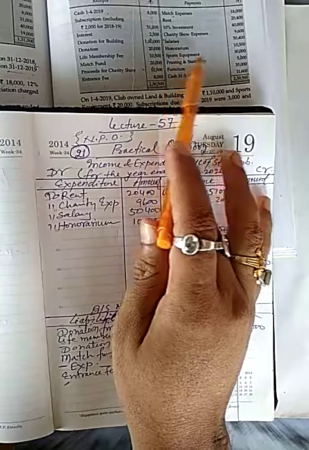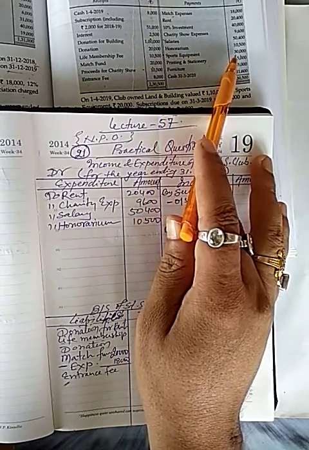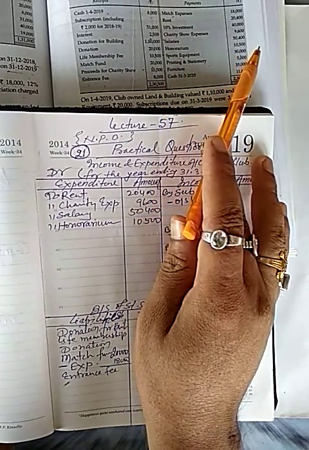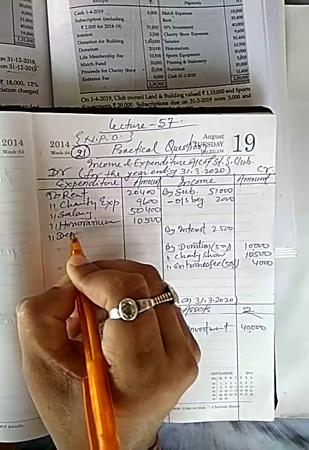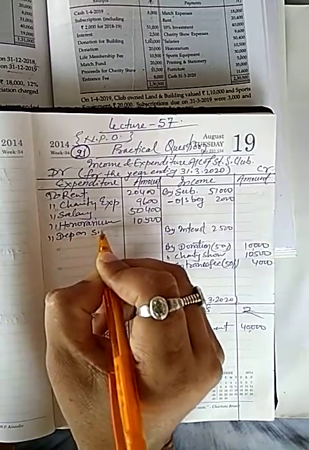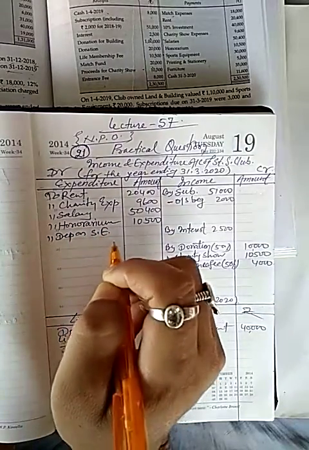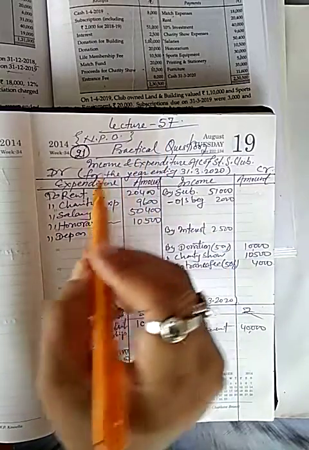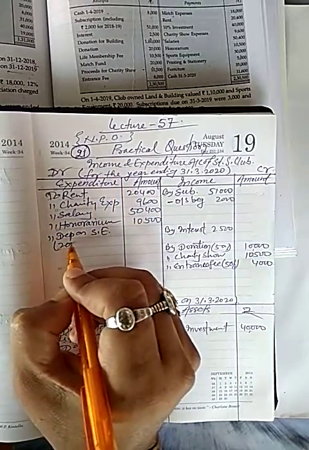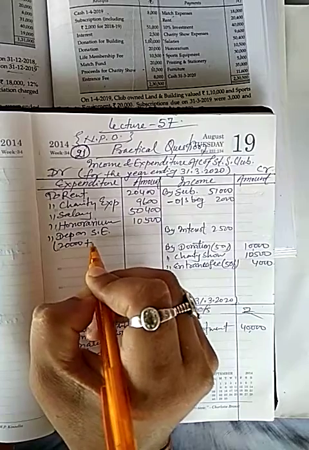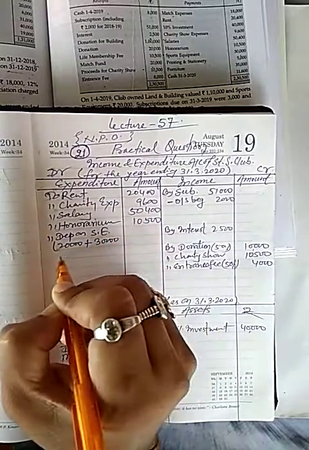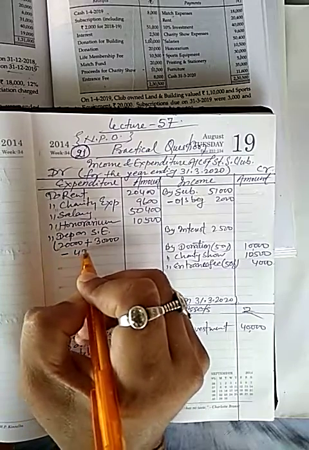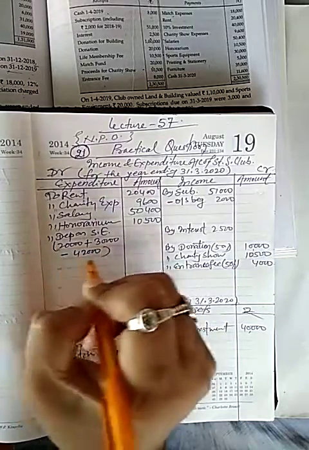Now sport equipment is also given, 30,000. So depreciation on sport equipment will be: opening balance is given in the question 20,000 plus purchase 30,000 and minus closing balance is given 42,000.